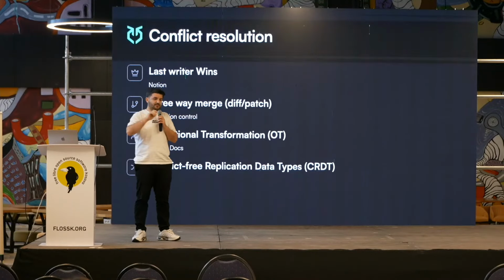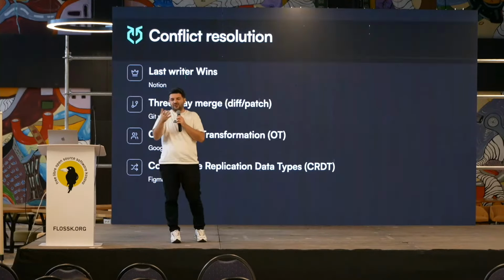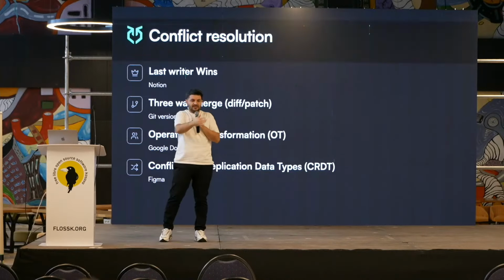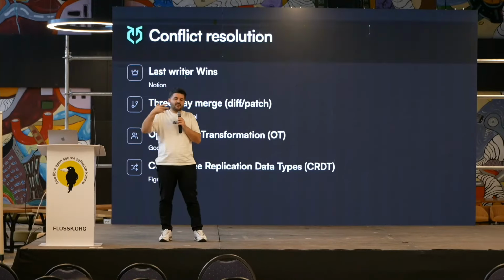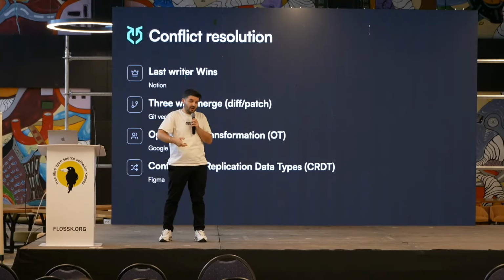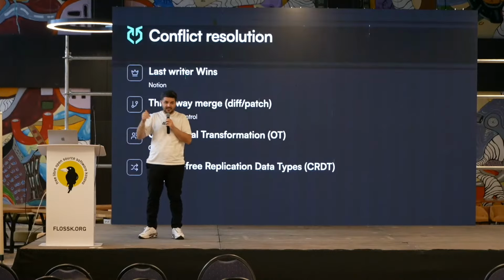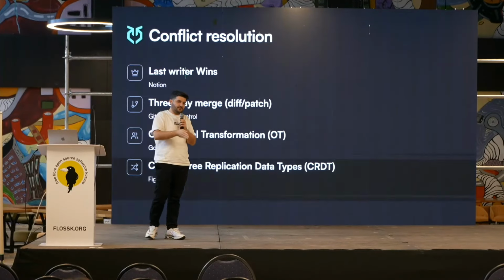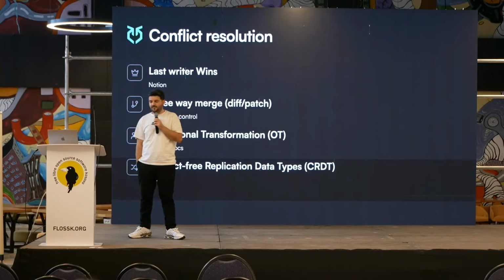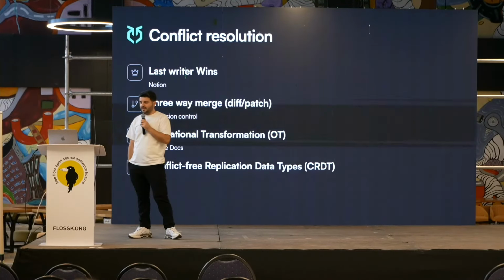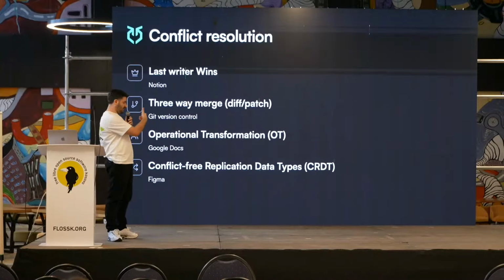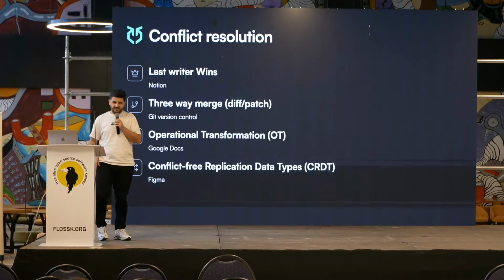So you might lose some characters or some small changes, which is okay, but the last state will be the same for all clients regardless of when the change came, regardless of the order of the changes, and also it's idempotent, meaning the same change can be applied multiple times and they still will see the same result. This is what Figma uses in their production system for the real-time drawing, and we also use a version of that, and we were heavily inspired by Figma to build the sync engine.